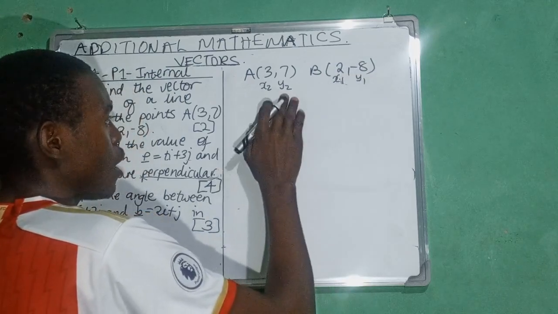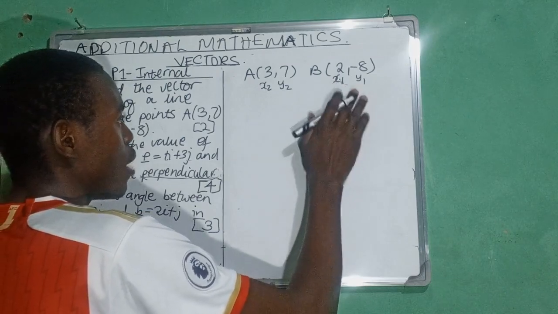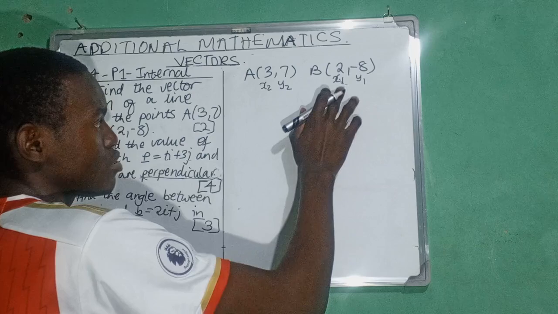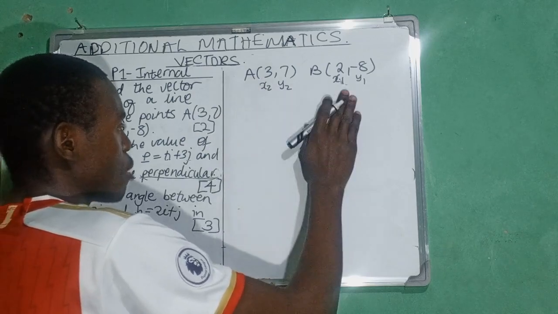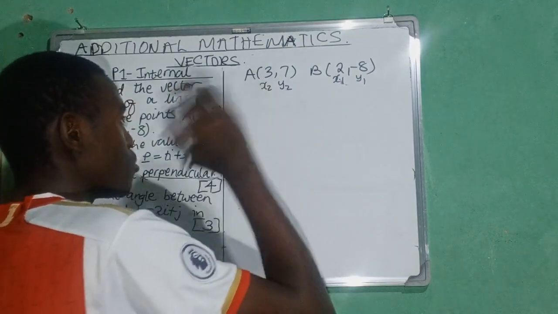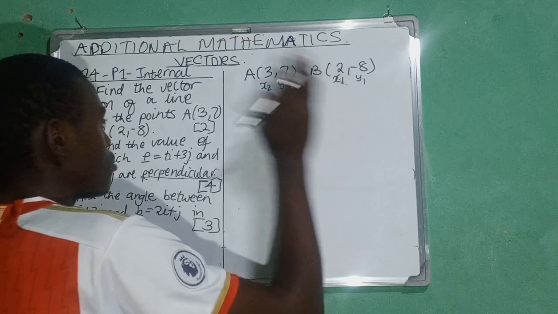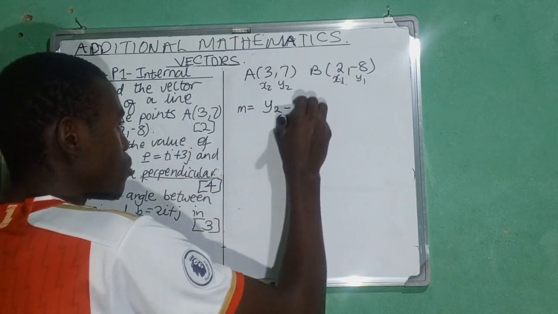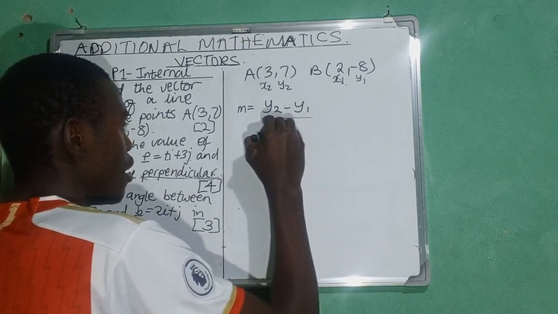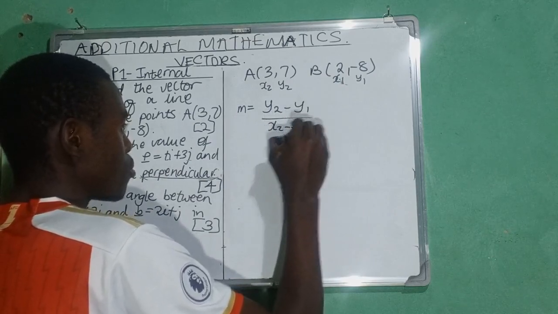So x2, y2, x1, y1. Order does not matter. This can be your subscript 2 and this your subscript 1, or this can be your subscript 1 and this your subscript 2. So gradient m is equal to y2 minus y1, divided by x2 minus x1.